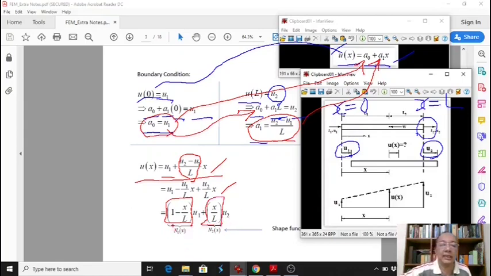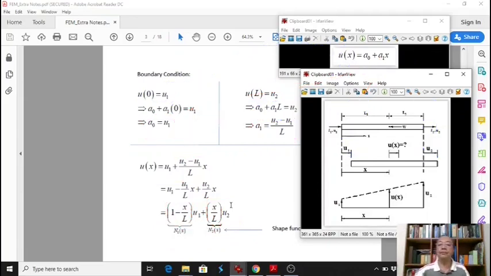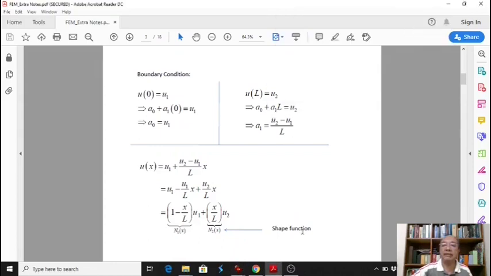From the last class, U1 and U2 represent the nodal displacements, and these factors we call shape functions. This term is N1 of x and this term is N2 of x.